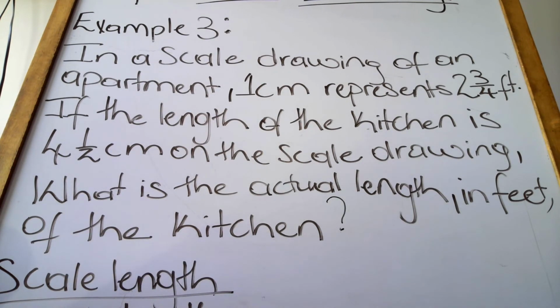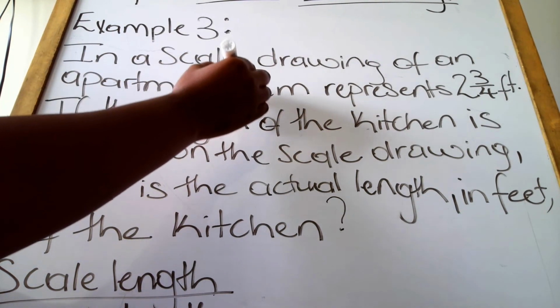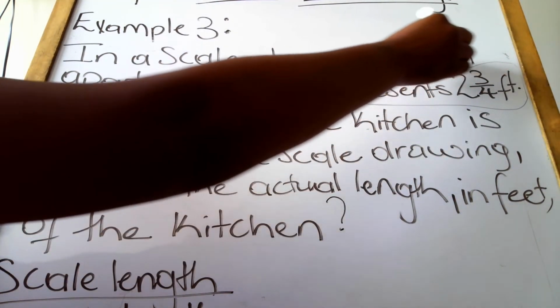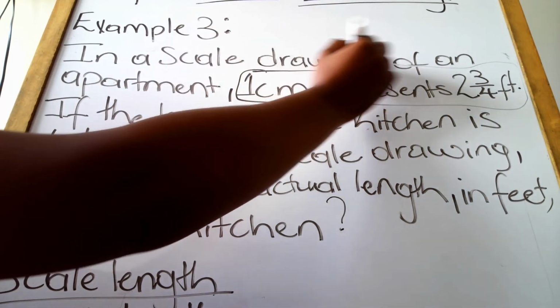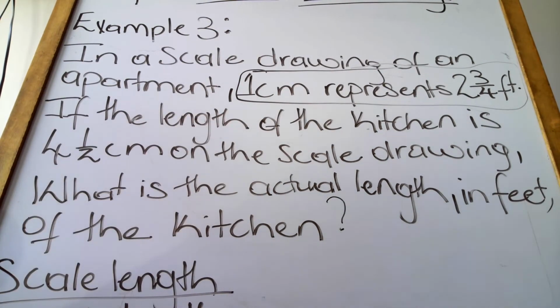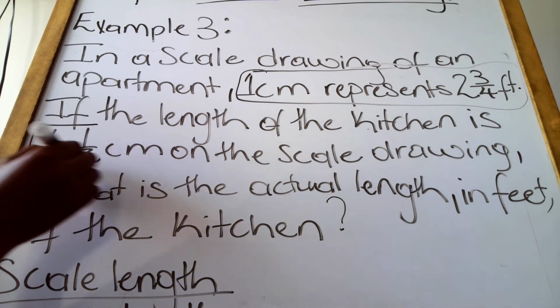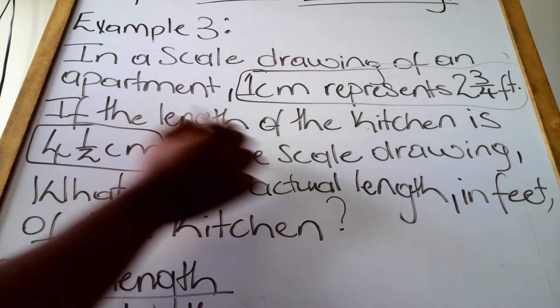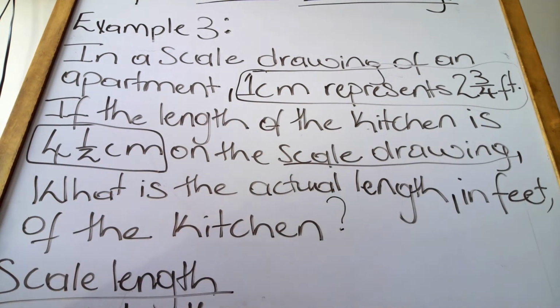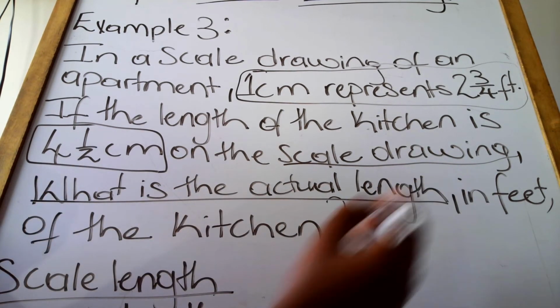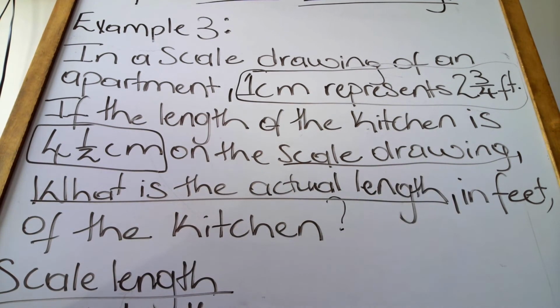In a scale drawing of an apartment, 1 centimeter represents 2 3/4 feet. If the length of the kitchen is 4.5 centimeters on the scale drawing, question now, what is the actual length of the kitchen in feet?